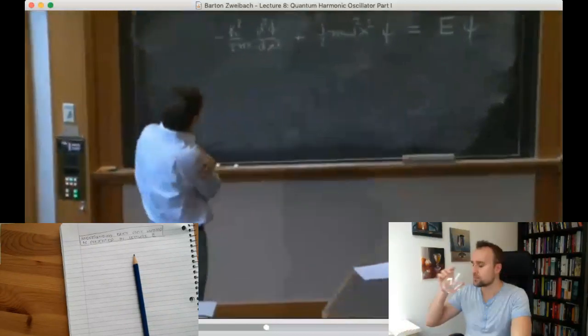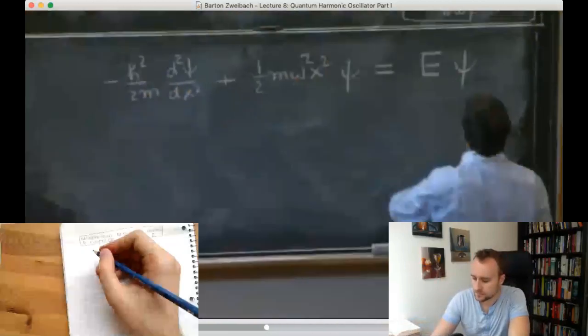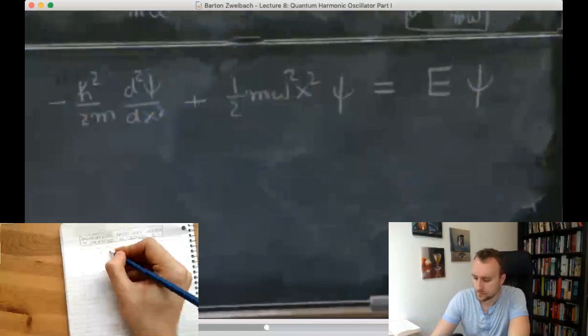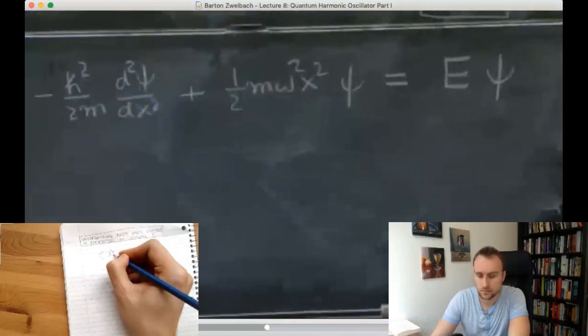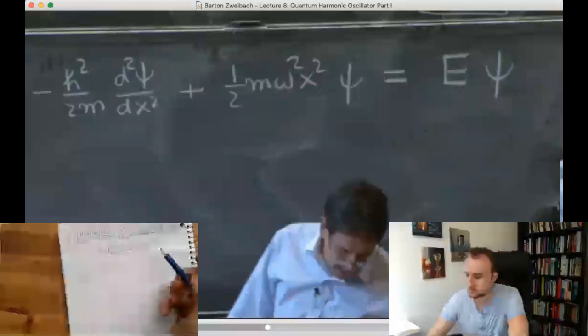So what I'm going to try to see is that, look, here is psi, psi, and psi. Suppose I clean up the right-hand side by dividing by something with units of energy.